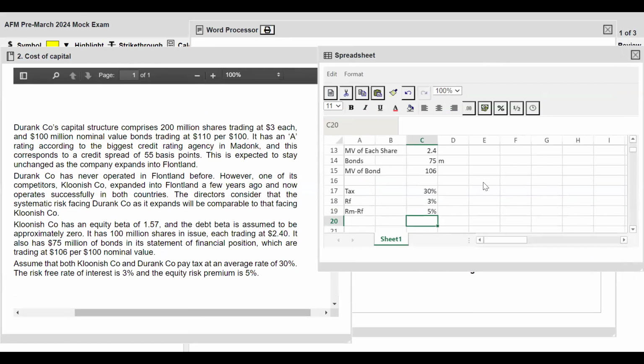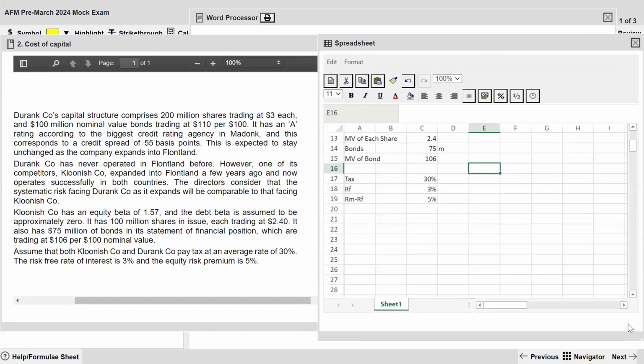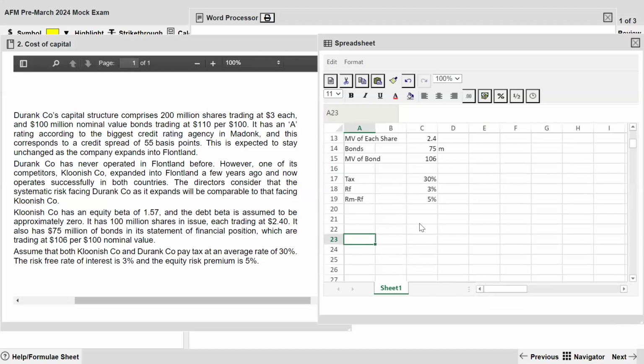The first thing we need to do is calculate the cost of capital. For that we would need the cost of equity, the cost of debt, and other things. Let's understand what this is about.